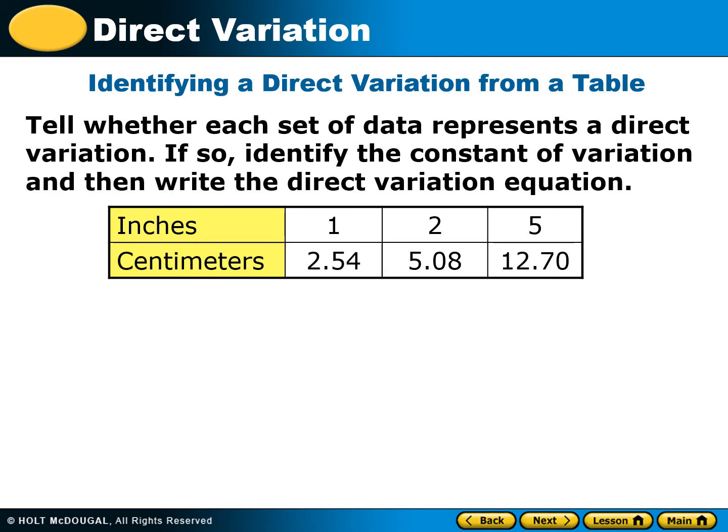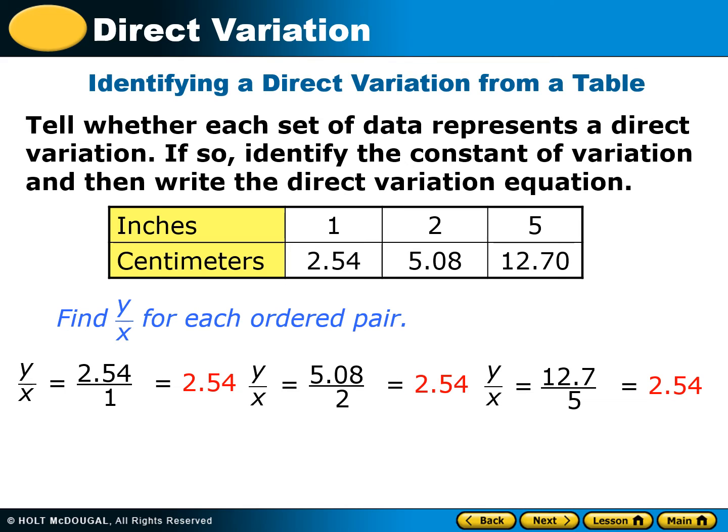Now let us have another one. Let us tell whether each set of data represents a direct variation. The first thing we need to do is to identify our k, or constant of variation. Here, we divide y over x. The first one is 2.54, the second one is 2.54, and the third one is 2.54.